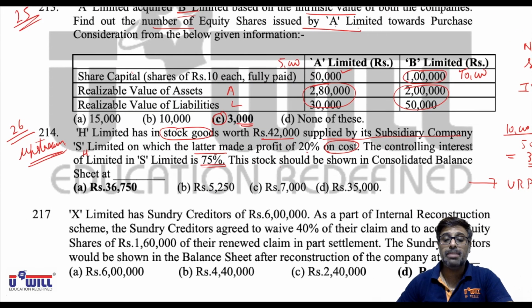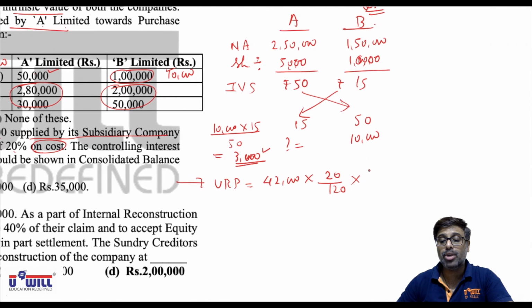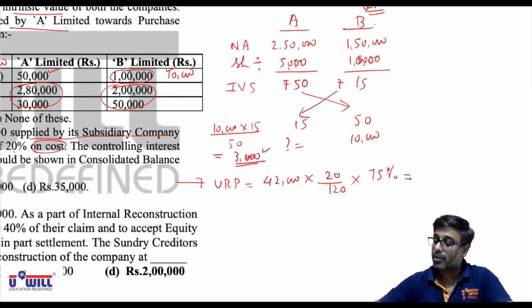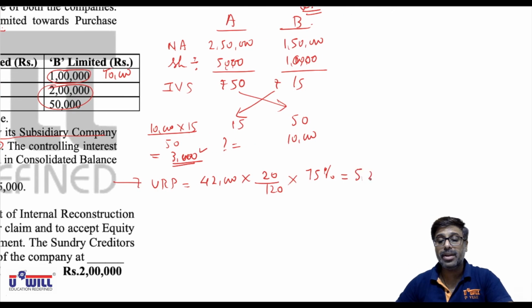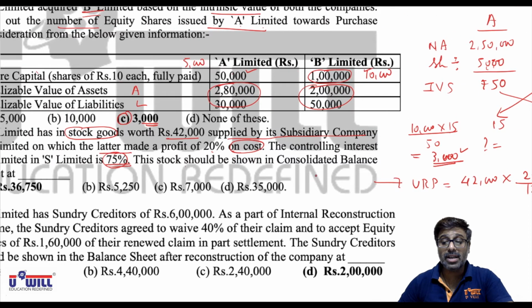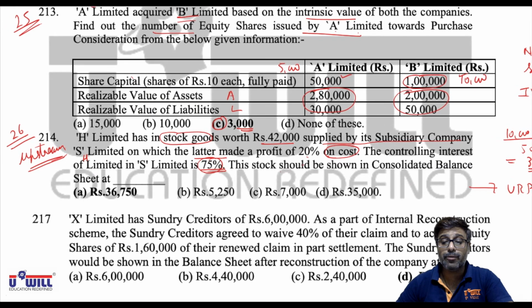75% because it is an upstream sale. So we'll take only the holding company's share. So if we do 42,000 into 20 by 120 into 75%, what is the unrealized profit? 5,250. Now, what stock will come in the consolidated balance sheet from 42,000? No other stock is given.